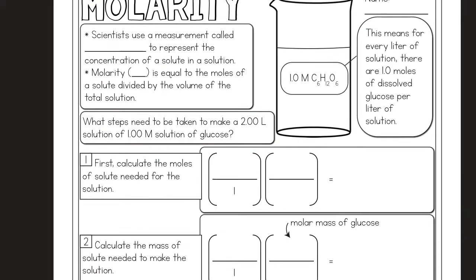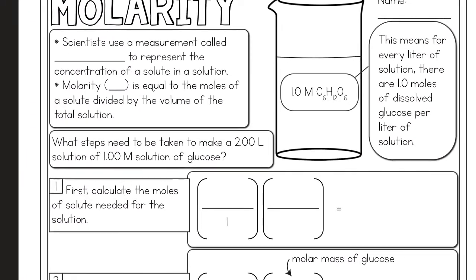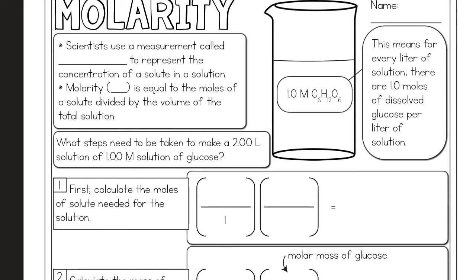So today's notes were on molarity. Molarity relates to the mole concept, and it's how many moles per liter of solution. Scientists use a measurement called molarity to represent the concentration of a solution.